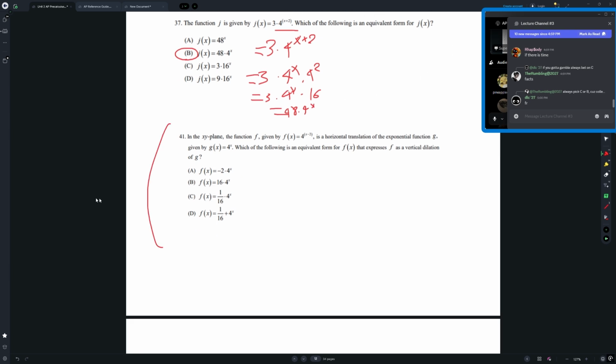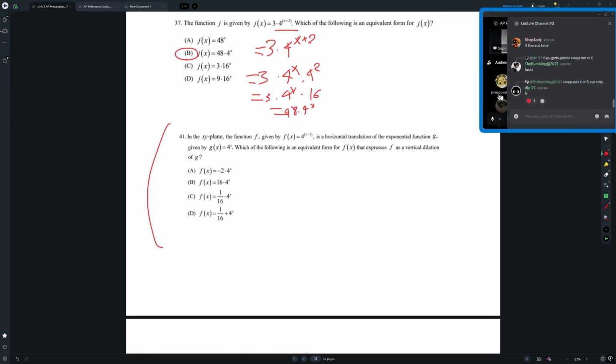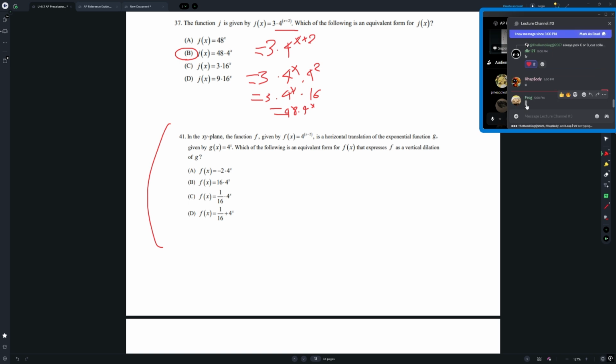Try 41 now. 41 is C. Any questions on how to do 41?